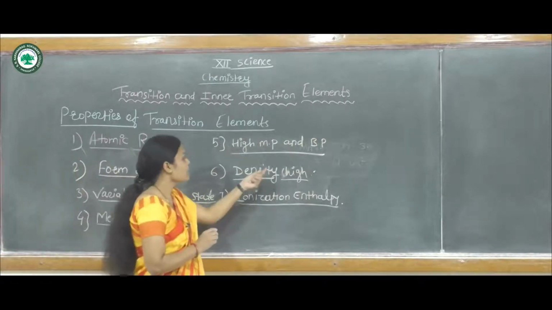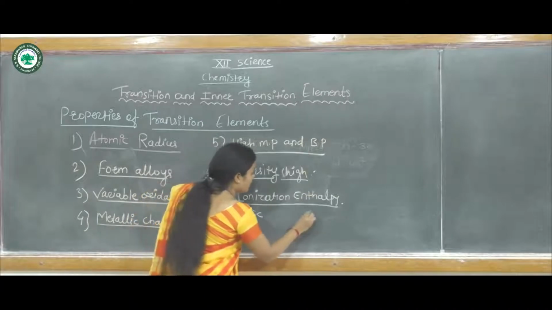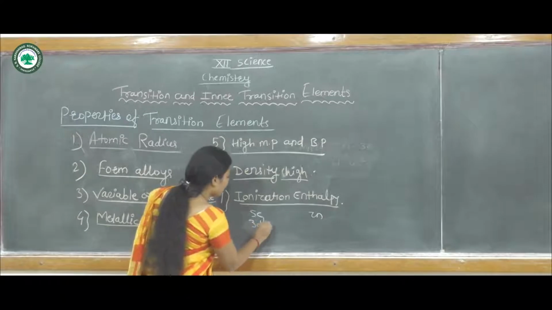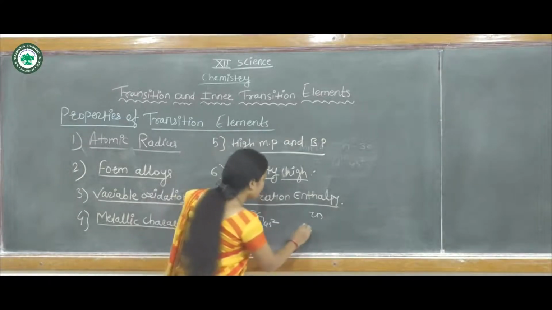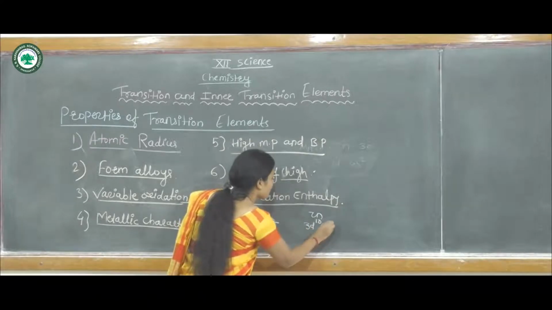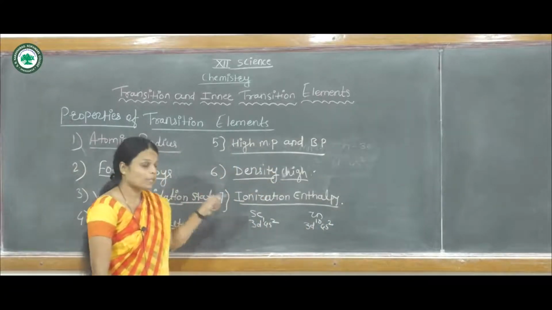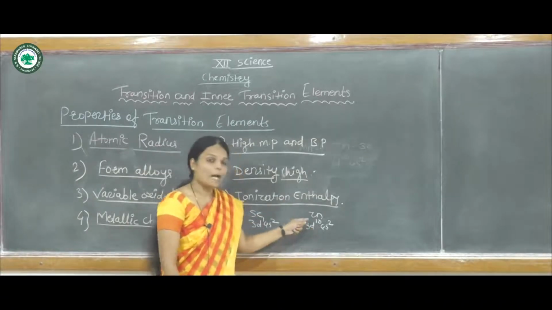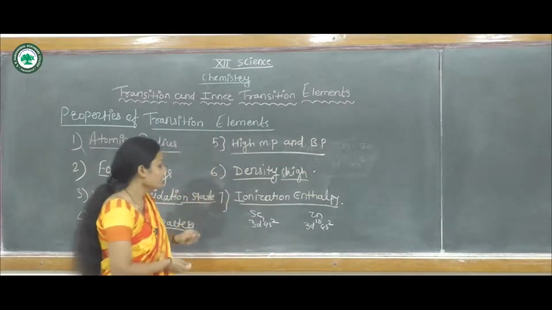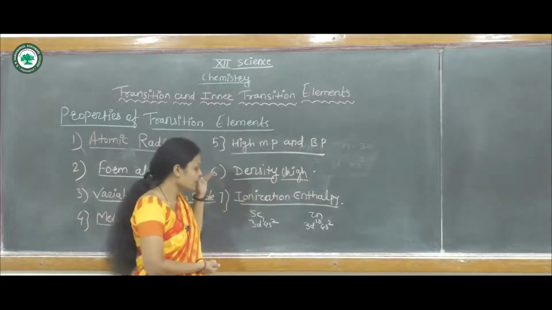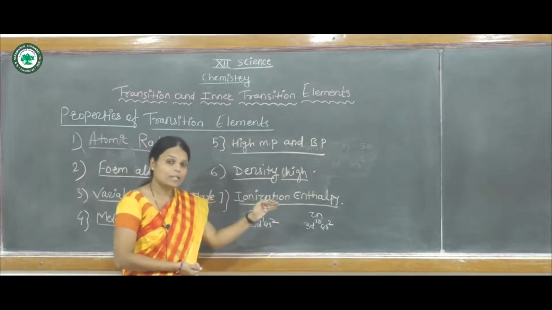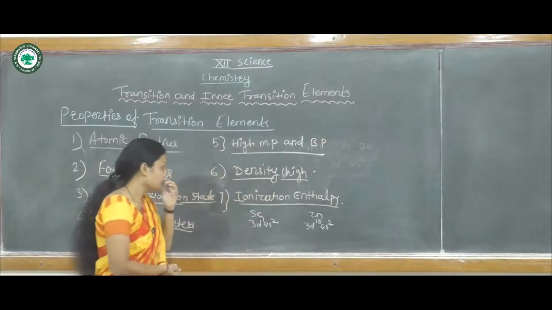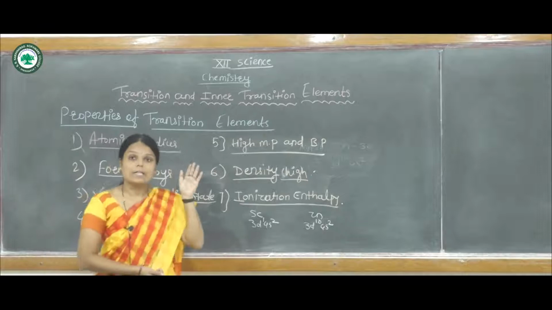Again the same reason: from scandium to zinc in the 3d series, it goes from 3d1 4s2 to 3d10 4s2. In this the atomic radius decreases, then stays constant, and lastly increases, while the ionization enthalpy gradually decreases. Why does it decrease? Because of the presence of unpaired electrons, and the atomic radius is also small.